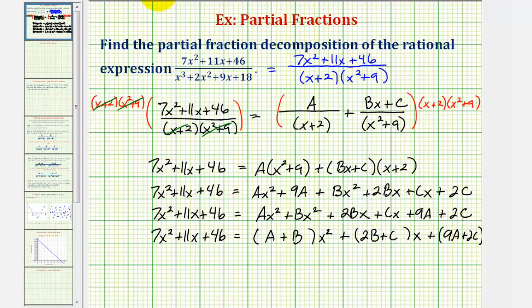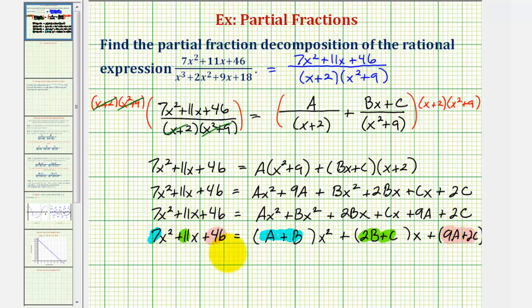And now we equate the coefficients to form a system of equations, meaning the coefficients of the x squared terms must be the same. So 7 must equal a plus b. 11 must be equal to 2b plus c. And finally, 46 must equal 9a plus 2c.